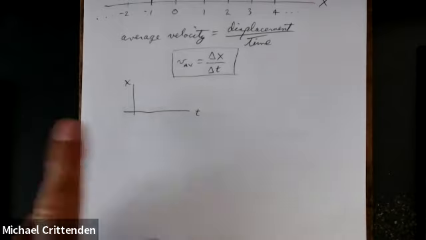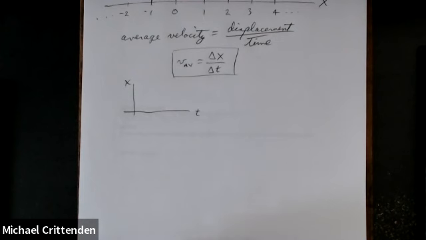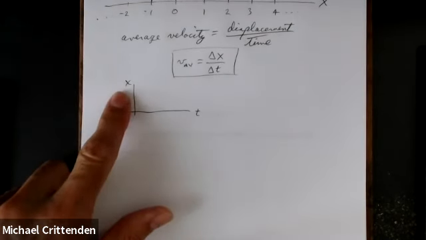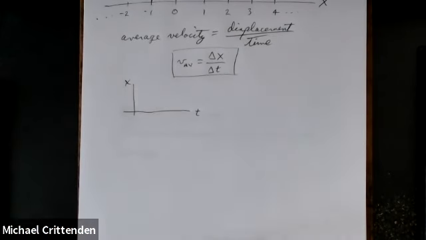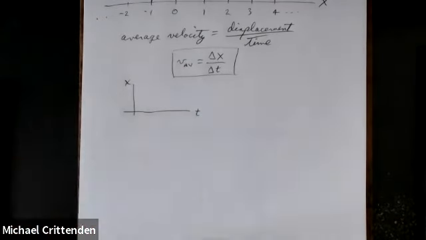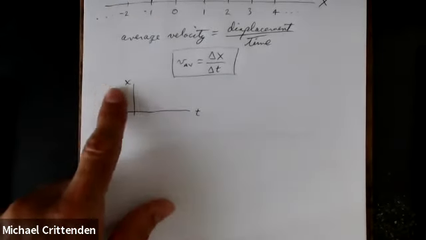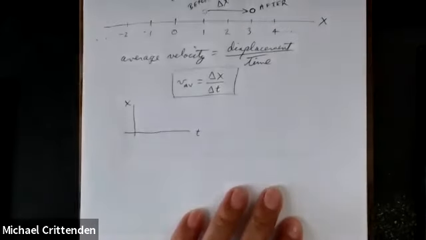And the real convention for how you draw graphs isn't in terms of what letters of the alphabet you use. I mean, if seeing X on the vertical axis really upsets you that much, maybe you can use P for position or something like that. But whatever letters you're using, the independent variable belongs on the horizontal axis, the dependent variable up here. This is a function of that, not the other way around.